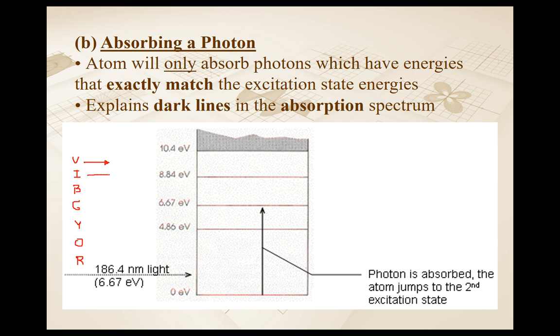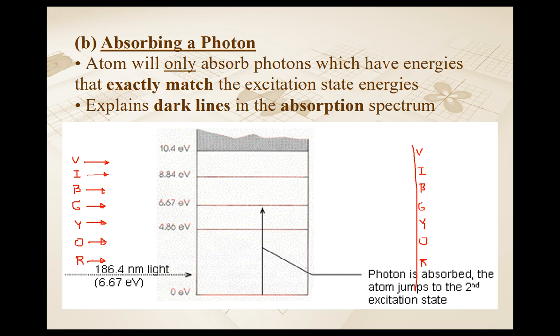So we're firing in a huge range of photons at this mercury vapor. Now, if I didn't fire this at mercury vapor, and I just fired it on a screen over here, I would just get the Roy G. Biv colors. I would get my red, orange, yellow, green, blue, indigo, violet. So if I put it through a prism or diffraction grating, I just get the continuous spectrum of color.